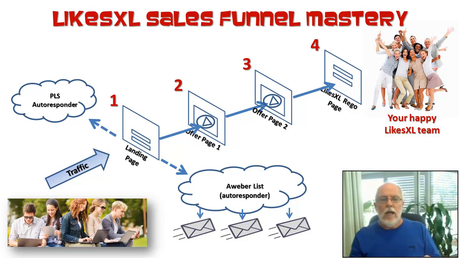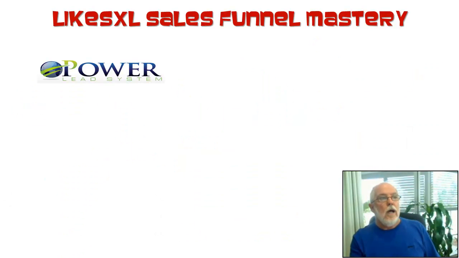There are a few others, but Aweber, I think, is the biggest. So I just wanted to point out that you have the choice to either use the PLS for your autoresponder or Aweber. Personally, I use Aweber, and I just turn off the programming in the PLS autoresponder, and we'll show you how that's done shortly. So I just wanted to point that one out to you.